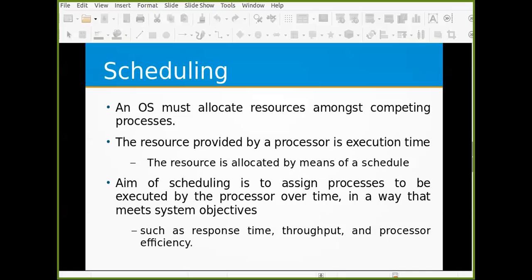And throughput is nothing but how many processes can be completed in a unit time. And that unit can be anything. It can be 1 second, it can be 1 microsecond, whatever. What is the number of processes that can be completed, on average, in the given unit time? And then processor efficiency. Processor efficiency means processor should not be idle and it should be utilized at its full, right? So these are some objectives that need to be met when we assign processor to processes.